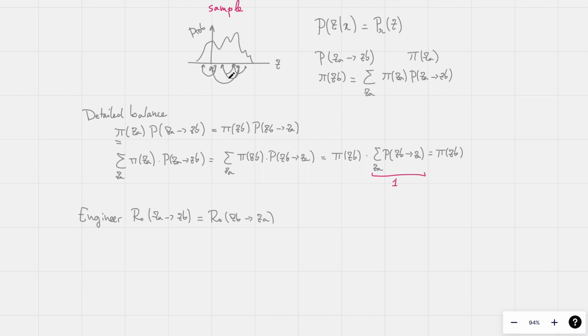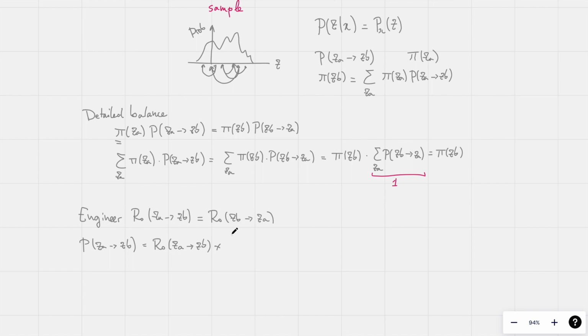So here's the complete proposal. We are going to say that our probability distribution P of ZA to ZB is by definition the proposal distribution, so the little engineered jumping machine that we have says that we should make a jump from A to B, and we are going to accept this jump with a certain probability.